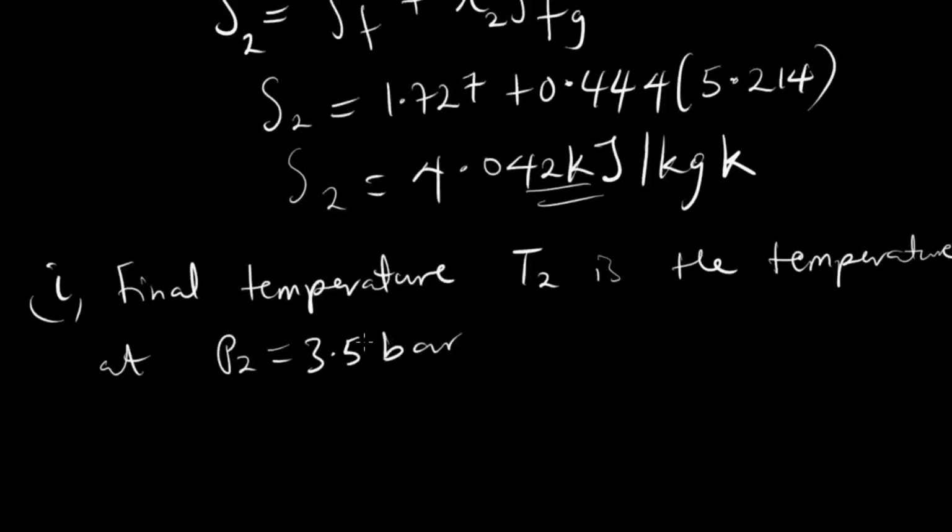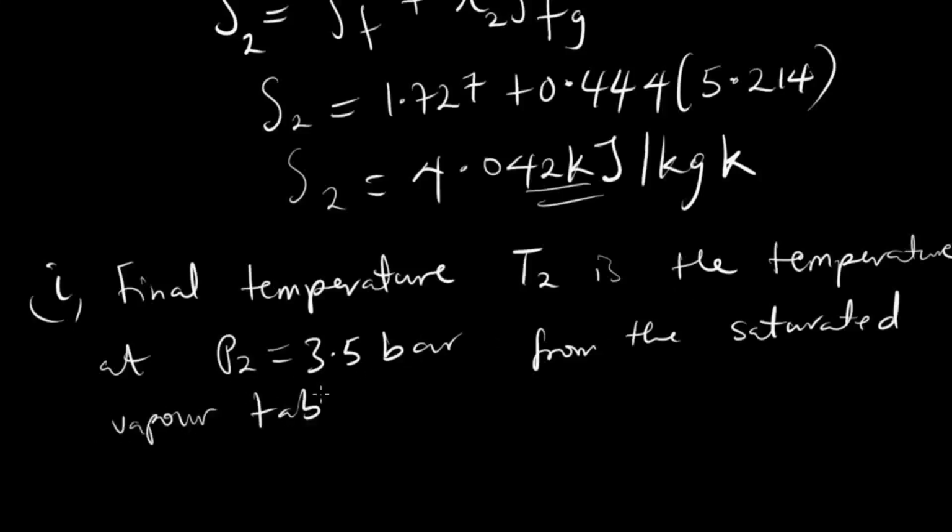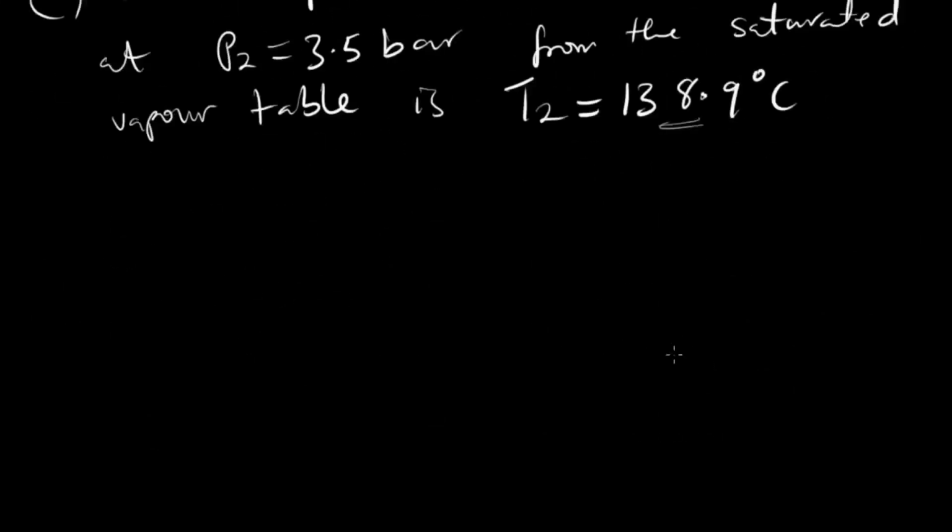So the temperature at 3.5 bar from the saturated vapor table is there. After pressure, the next thing you look at is temperature. So just get the value from there. T2 is equal to 138.9 degrees C. So that is the final temperature.